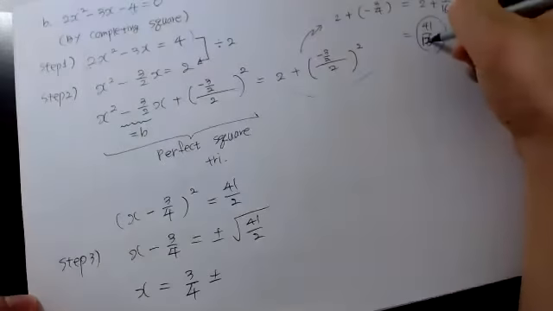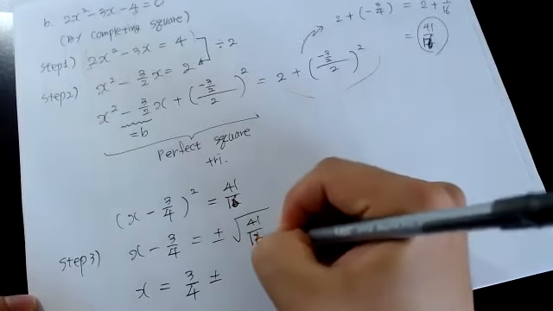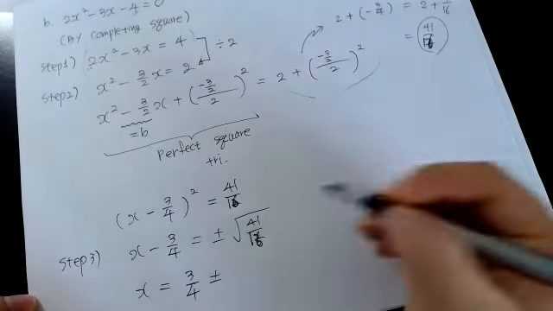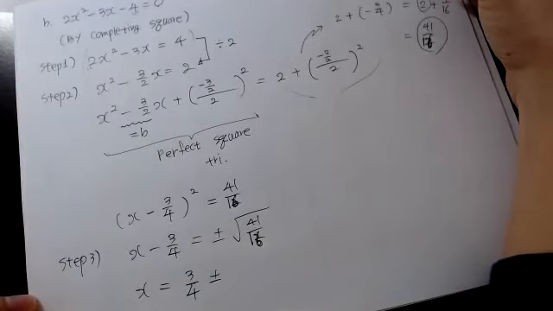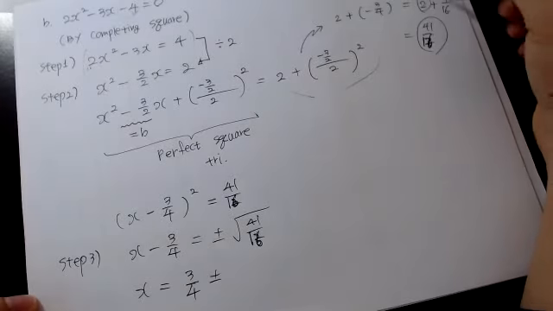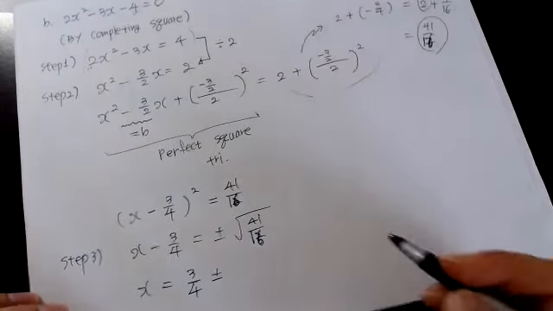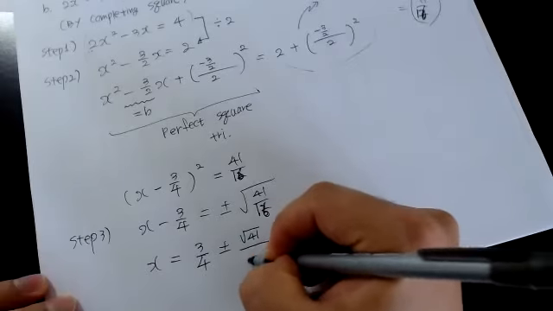Yeah, it should be 16, right? Okay, sorry. So 2 is equal to what? 32 over 16, right? I just changed it. Adding and combining those fractions, we got 41 over 16. Okay, so now we're going to get the square root of 41 over the square root of 16.